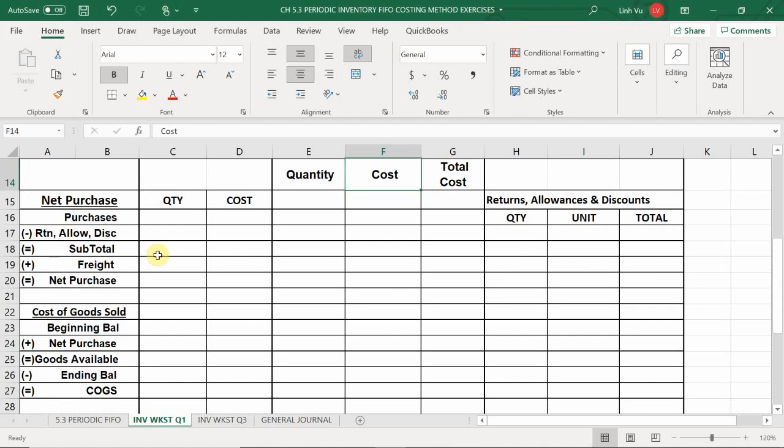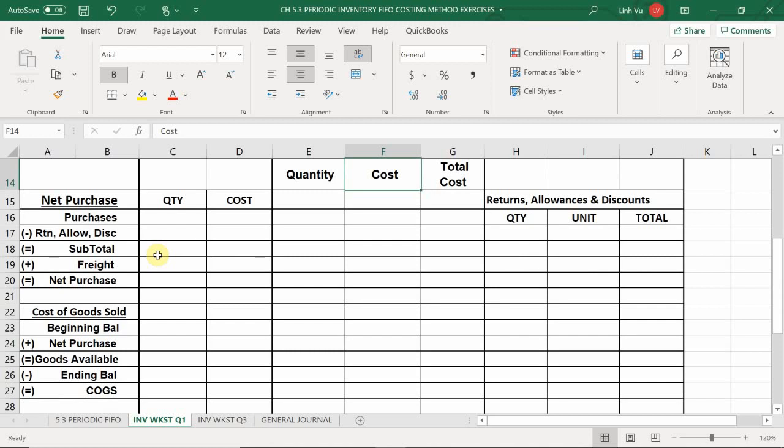In this case, the left section, the first 3 columns here, is going to be calculating your net purchases as well as your ending inventory, goods available, and your cost of goods sold. You have your total quantity and your total cost. Then the middle section is your quantity, cost, and total cost. This section is where you're going to reserve your calculations.